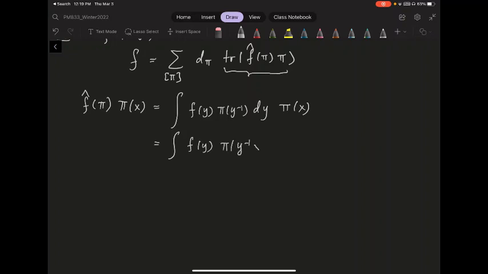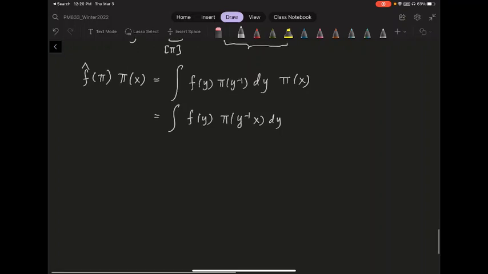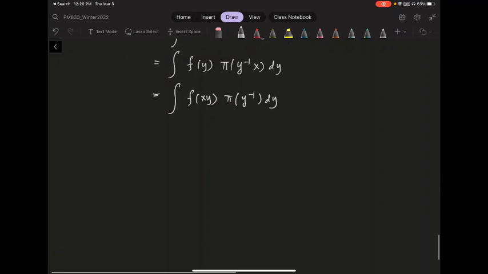Now you use the standard trick: you left translate y by x, replacing y by xy. On the left you have f of xy, and on the right you have the inverse of xy, which becomes y inverse x inverse, so x inverse cancels out the x on the right, and you just end up with pi of y inverse dy. That's what you get from the left translation.